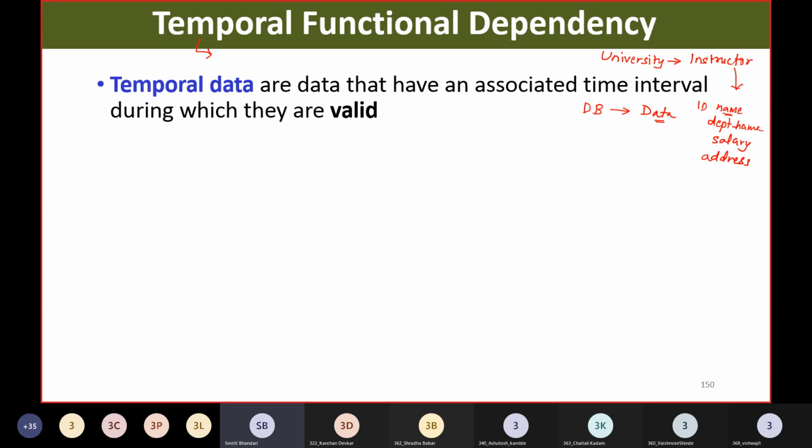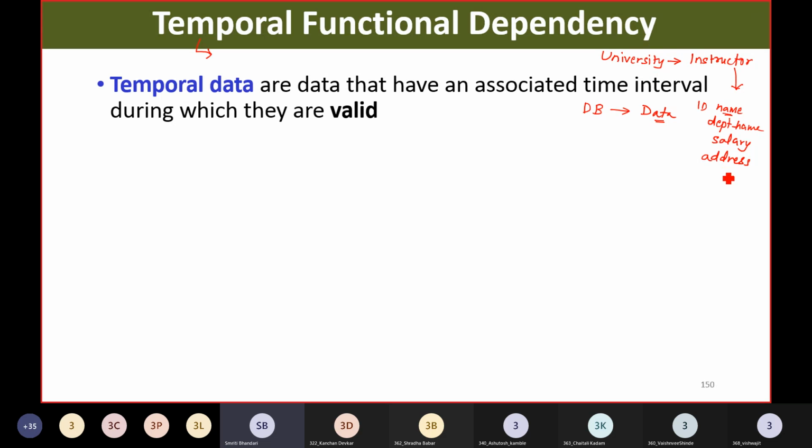If I have such data in my database, and I want to maintain all this data with respect to the associated time intervals, then such data is known as temporal data. And if I want to store such data, I need to design my database accordingly.